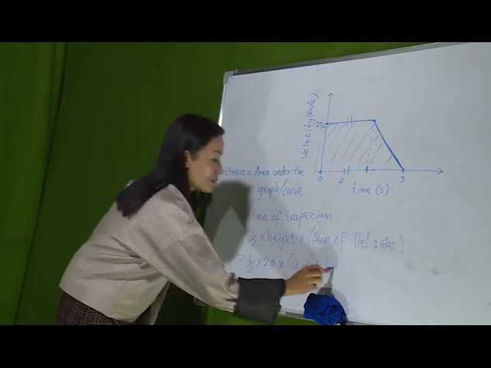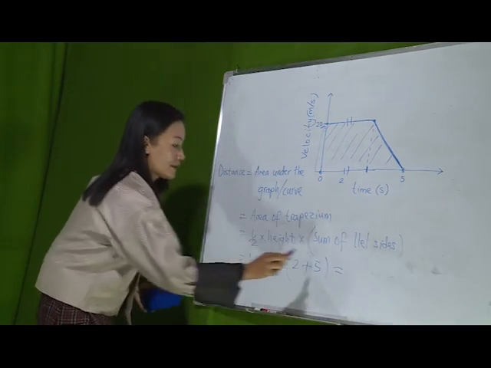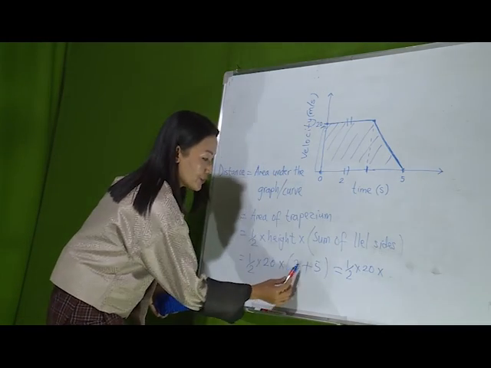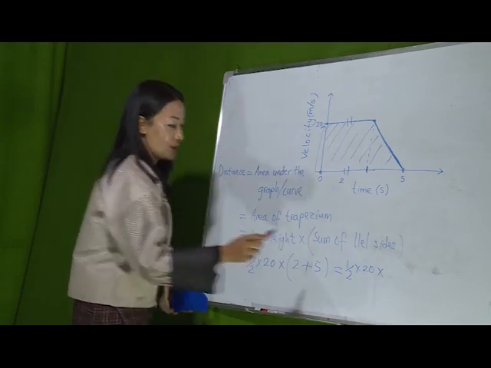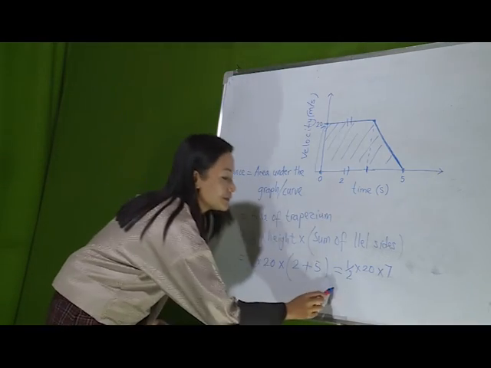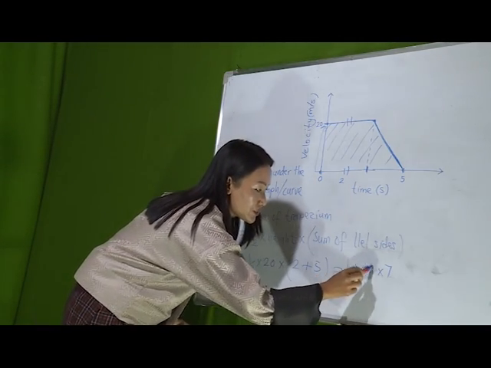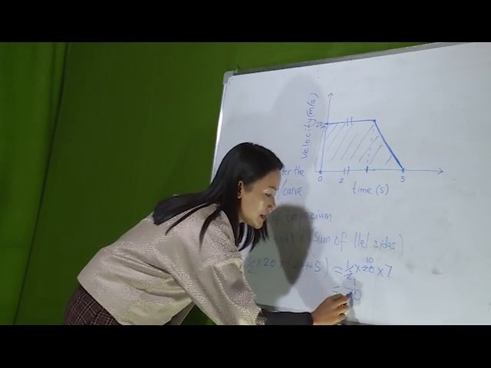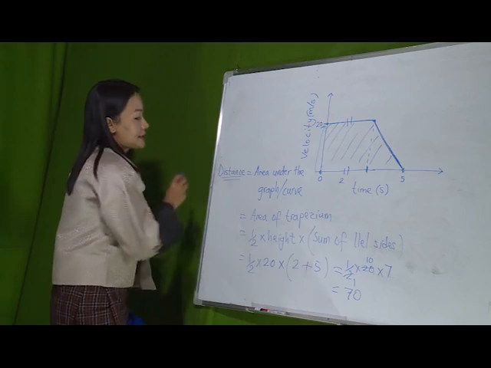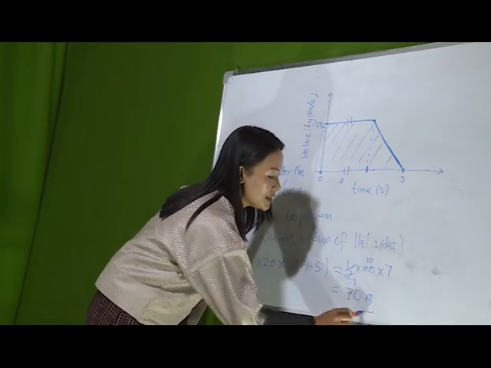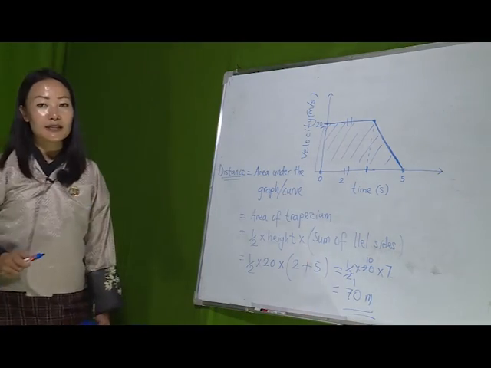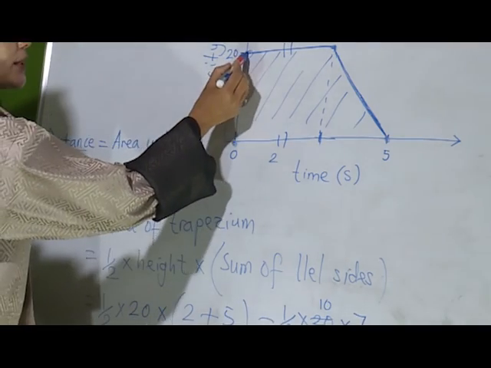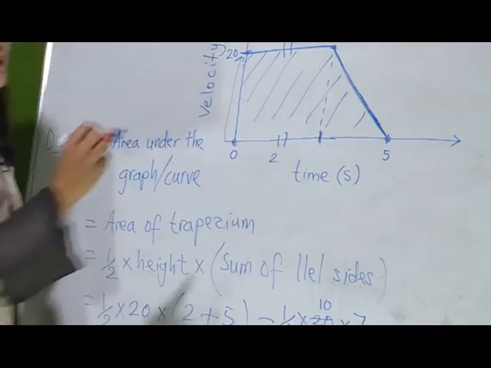Now if you simplify this, we have half times 20 times 2 plus 5, which gives 7. Further simplifying, half of 20 is 10, so 10 times 7 is 70. Distance is measured in meters. So 70 meters is the distance covered by this moving object to move from this point to this point here.